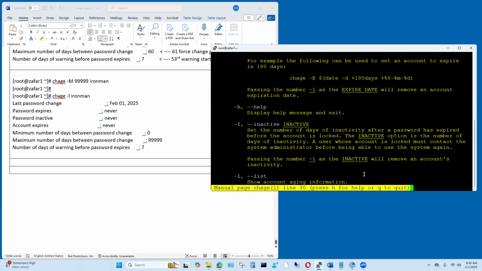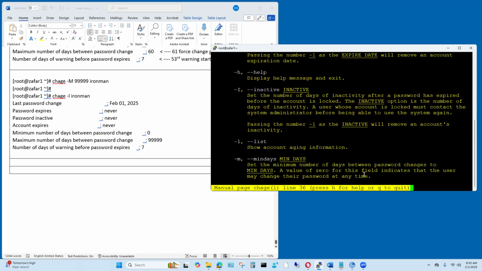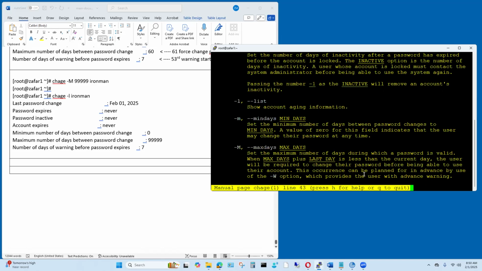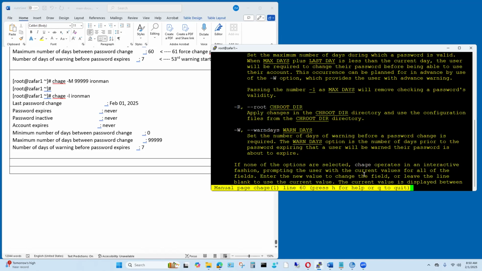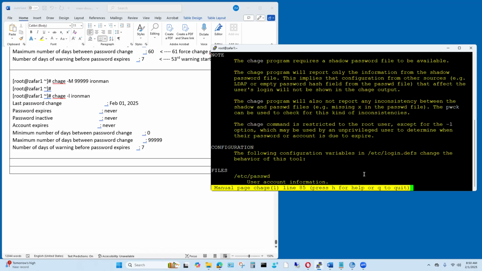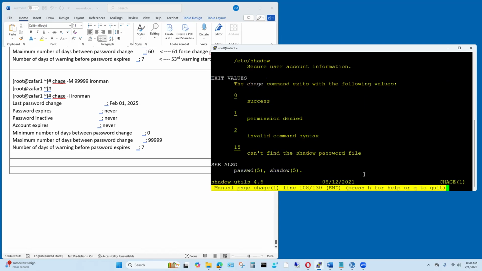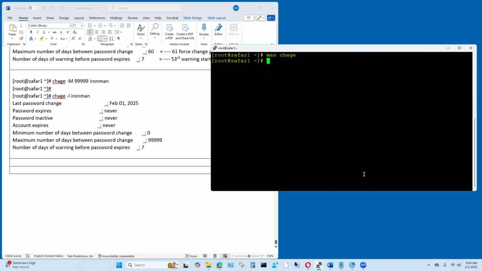Uppercase -I is inactive, set the number of days of inactivity. -L shows the account aging information. But if you set too many security options and you get locked out, then you are dead in the water. So don't do too much security, it will be very bad for yourself too.